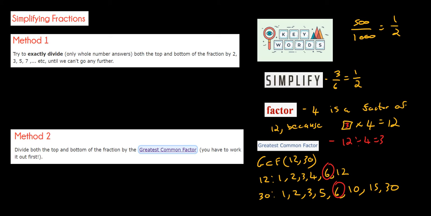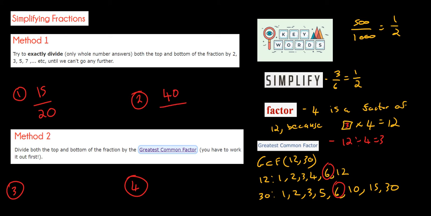Now let's do some examples. You can simplify these using the two methods: let's do 40 over 50, and let's do 36 over 72.